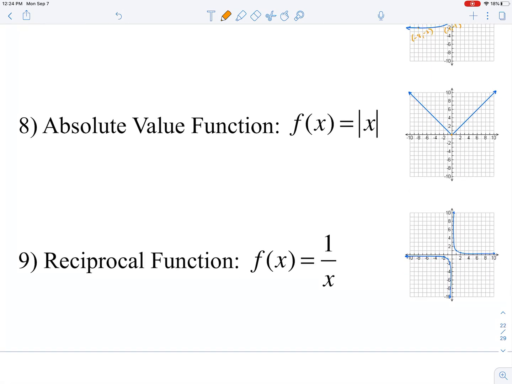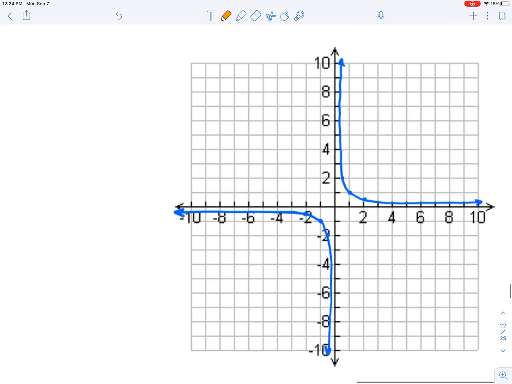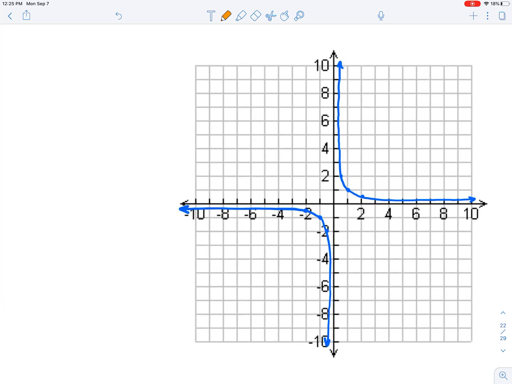All right, and the last one I have on here is the reciprocal function, also known as a rational function, or just the most basic rational function. In chapter 2, we will study more complicated rational functions way more in depth. Let's look at 1 over x, though.